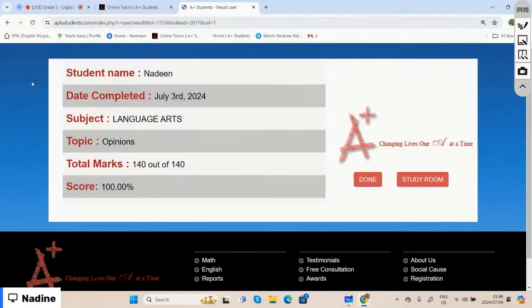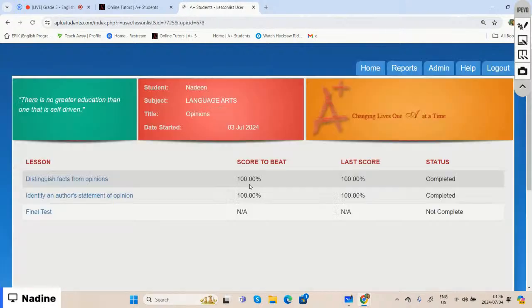All right, so that is the end of our lesson on opinions. Remember, an opinion is something that you believe, you feel, what you think is right.